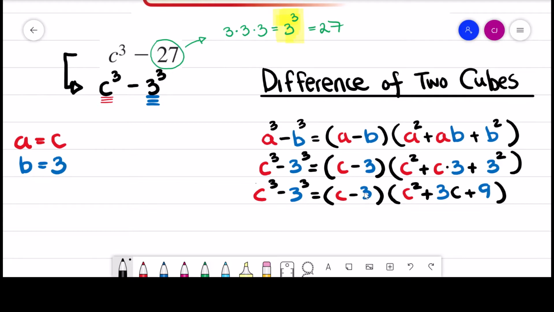So now that I used my known values and my colors to insert the values of my polynomial, I'm going to make this one solid color to show you what C cubed minus 3 cubed is in factored form.